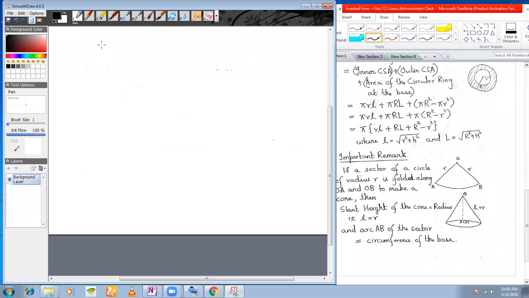So you have a sector of a circle, paper in this shape, any sector. This may be a semicircle also. I sent you the video where a semicircular piece of paper was being made into a cone. If you have seen that video.